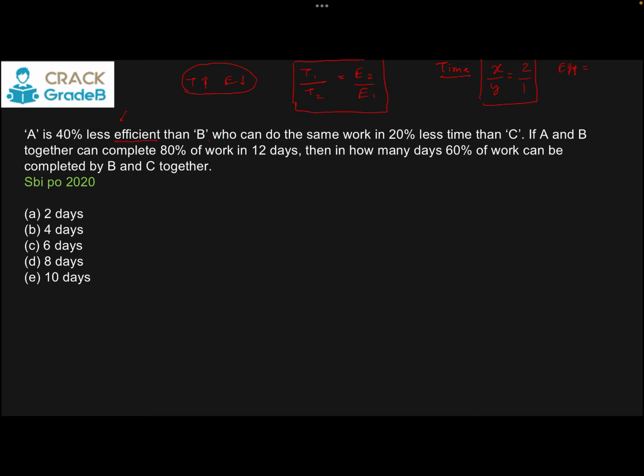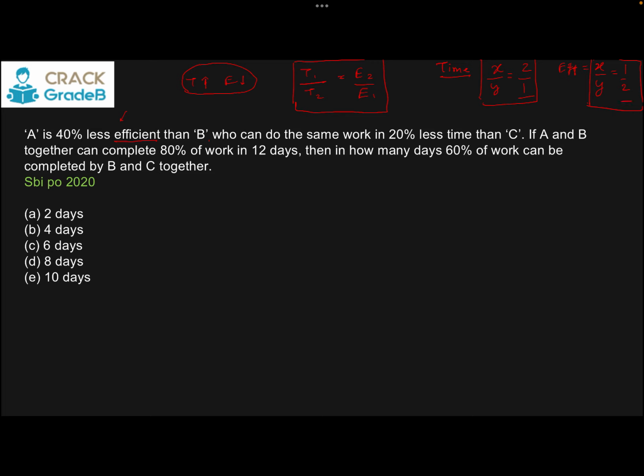So the efficiency-wise ratio between X and Y is going to be 1 upon 2. Y's efficiency will be double X's efficiency. That means if X does 1 work per day, Y does 2 works per day. So this is how the inverse relation works.